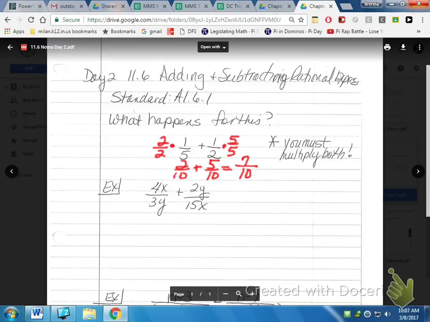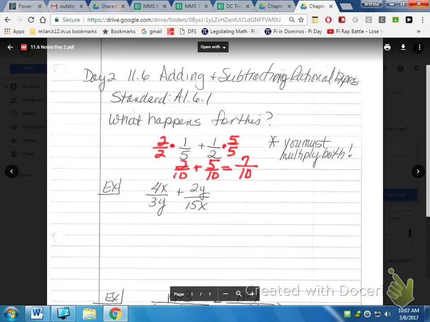So you want to find the least common multiple of 3y and 15x. For the number part, what would it be? 3 and 15, we'd say 15. So that's a good thing because the right side already has the 15. So we only have to worry about the number on the left.